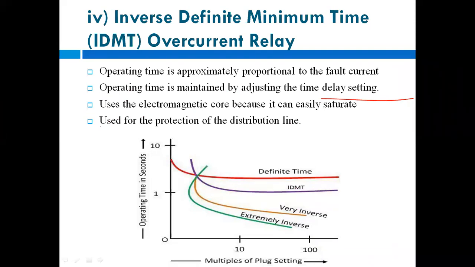Then it uses an electromagnetic core because it can easily saturate. Why is the electromagnetic core used? Because all of you know when the current flows through that core, it sets up some flux. If the current increases, the flux produced in the core also increases.